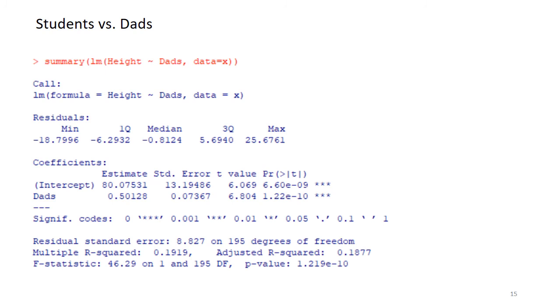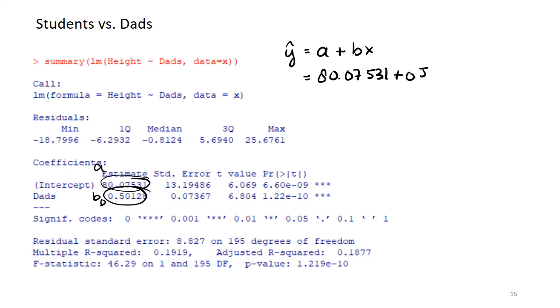For students versus dads, the R square, this R square is quite low.